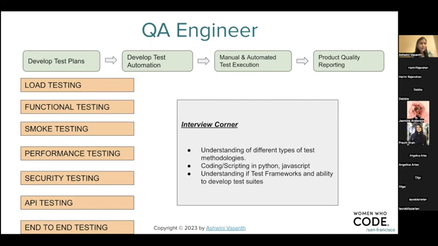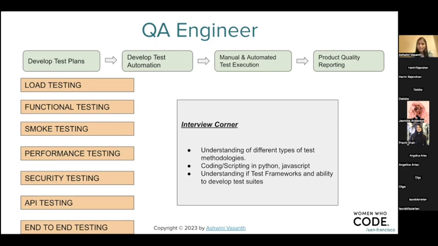There is performance, and there are different kinds of performance: the context of latency, how responsive your system is versus the load, and how much traffic you can handle. There is security testing to make sure that your product cannot be attacked, or at least is not prone to attack. And then there is API testing to make sure that your interfaces are usable, and end-to-end testing.